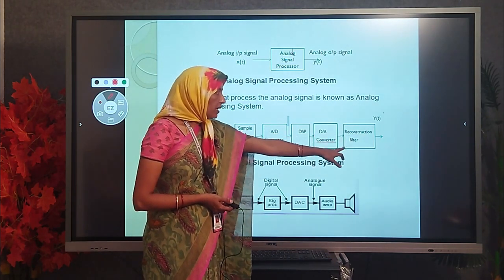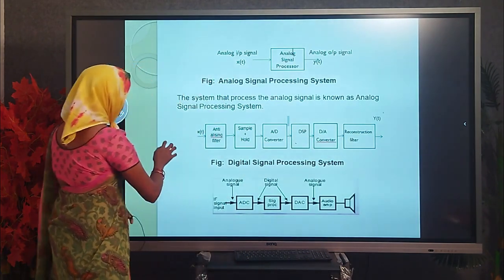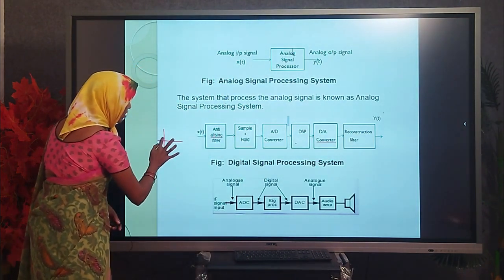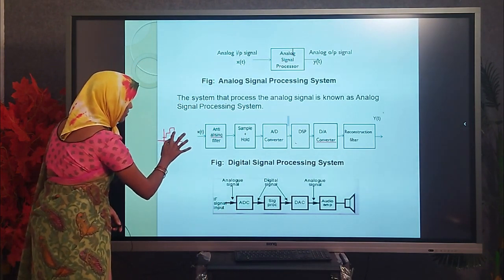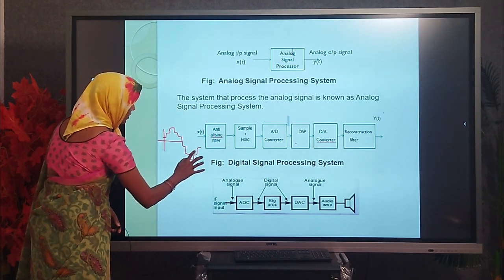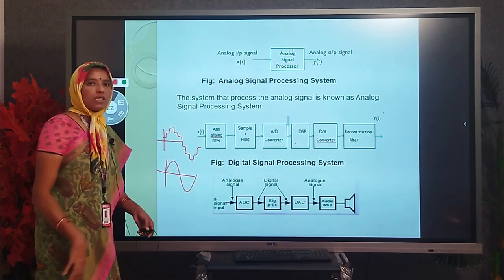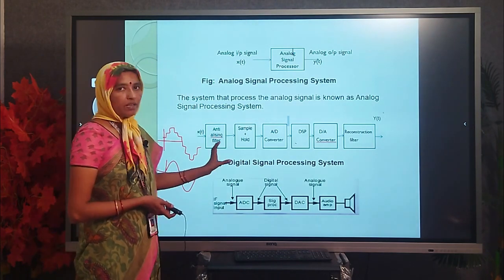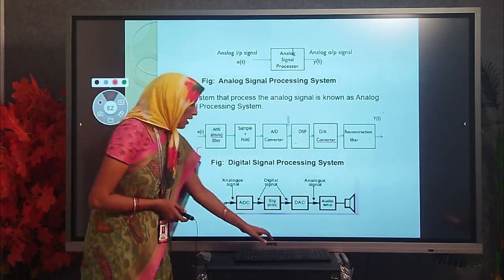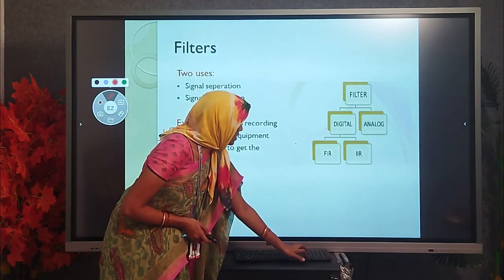Whenever we are getting the data from D to A converter, it gives the data in distorted form like this. After using reconstruction filter, we can get the smoothed signal. So in this manner processing may be done. And let us see about the classification of signals.